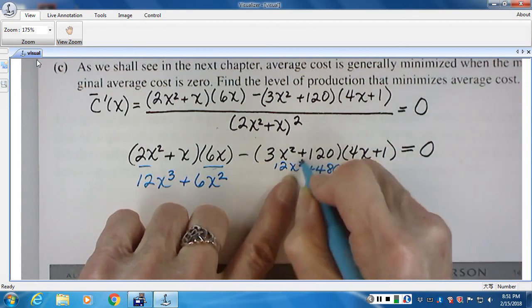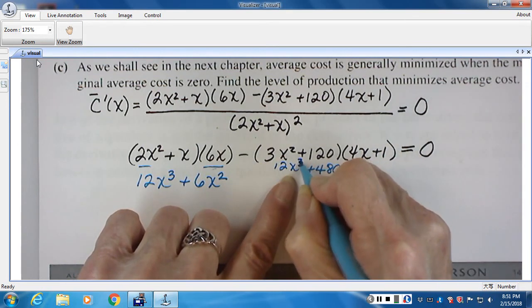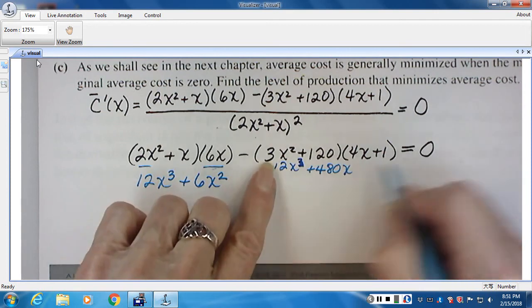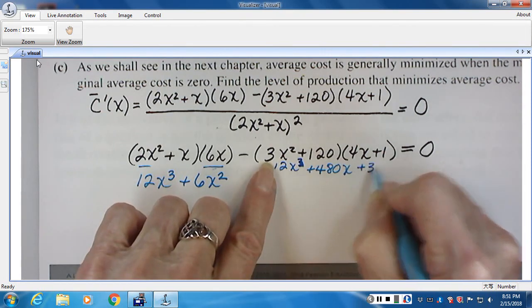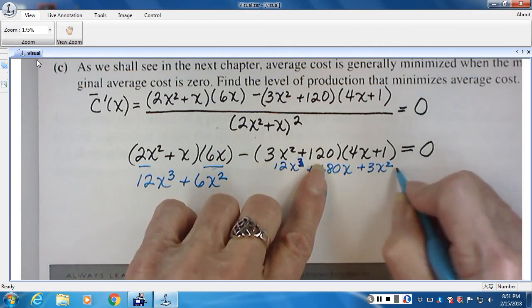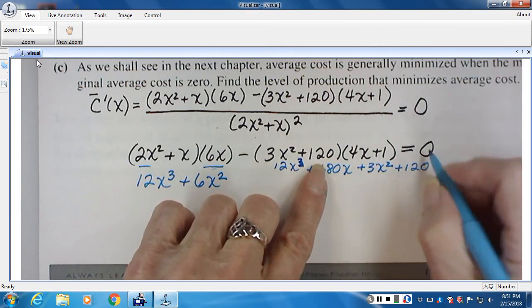I'm sorry, that should have been 12x cubed, not squared. 120 times 4x is plus 480x. And then 3x squared times 1 is plus 3x squared, and 120 times 1 is plus 120.